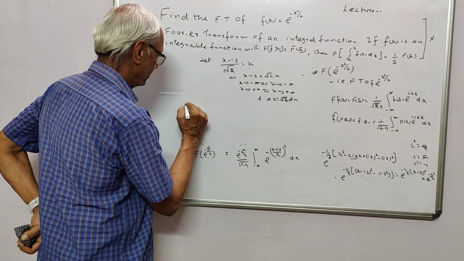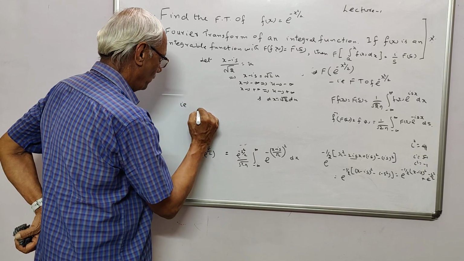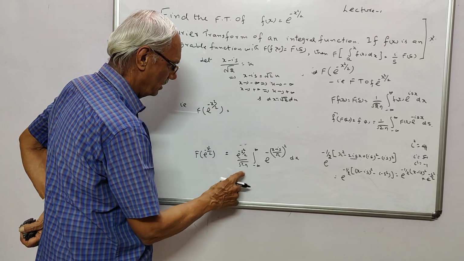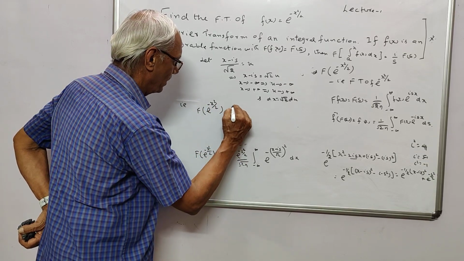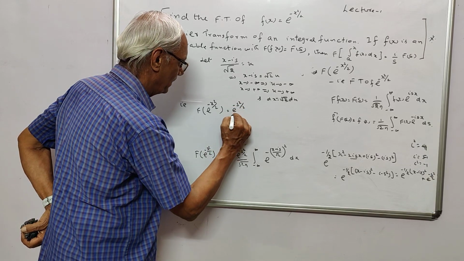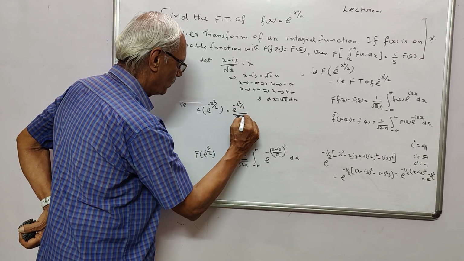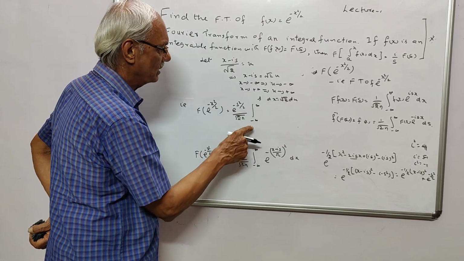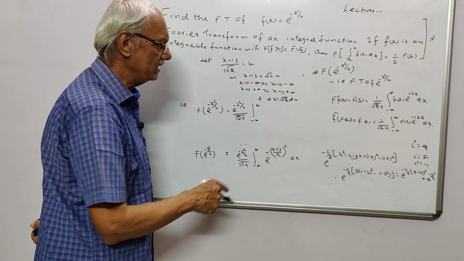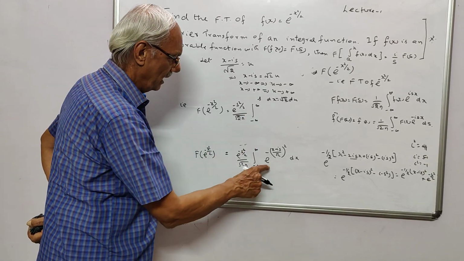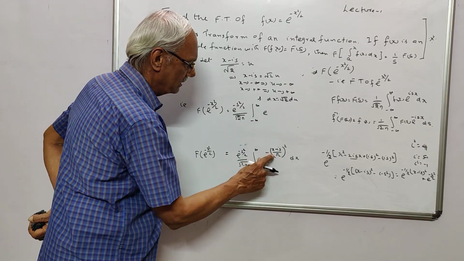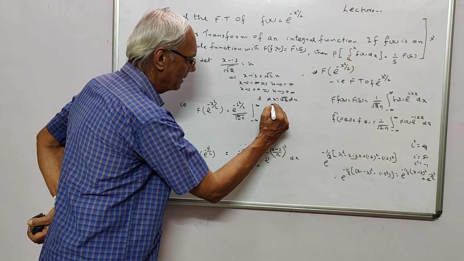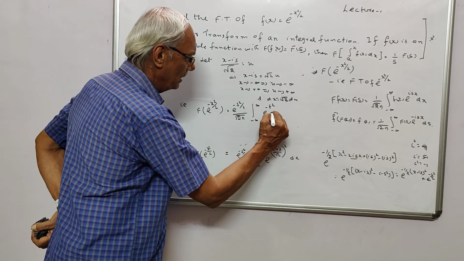That is F of e to the power of minus x squared by 2 is e to the power of minus s squared by 2 by square root of 2 pi, integral from minus infinity to plus infinity, for this change of variable also the integration limit is from minus infinity to plus infinity, and this is e to the power of minus t squared, where this whole thing, (x minus s) divided by root 2, is u, so it is minus u squared, into dx.